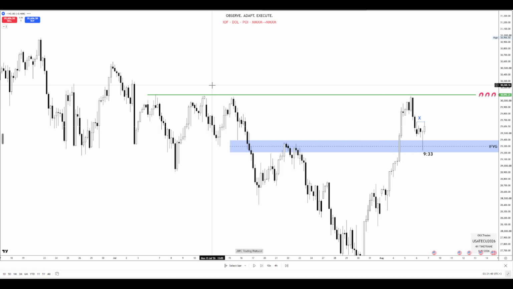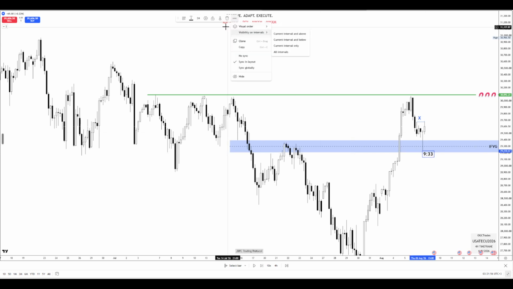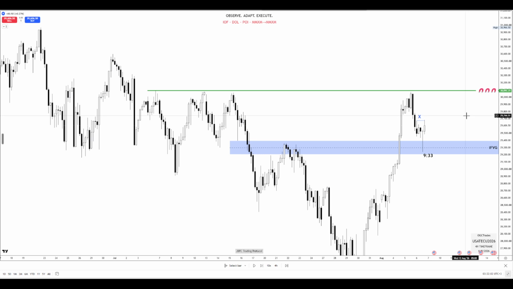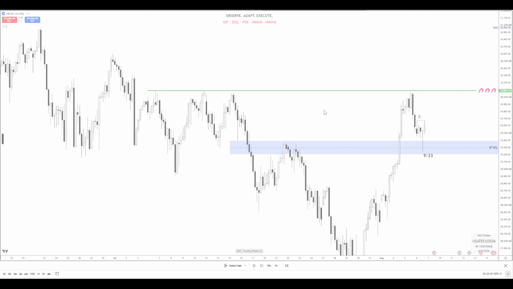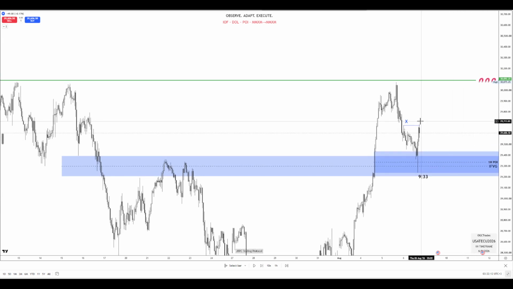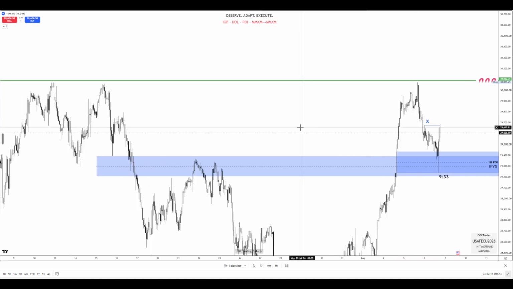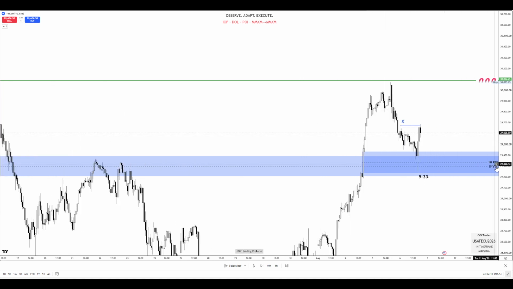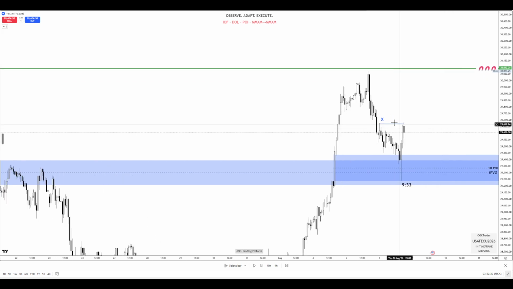So on the 4 hour, what do we have? It's not too clean. So I'll go to 1 hour. So on the 1 hour, we just had price trading lower, pre-market open, trading lower, then price got to our points of interest.